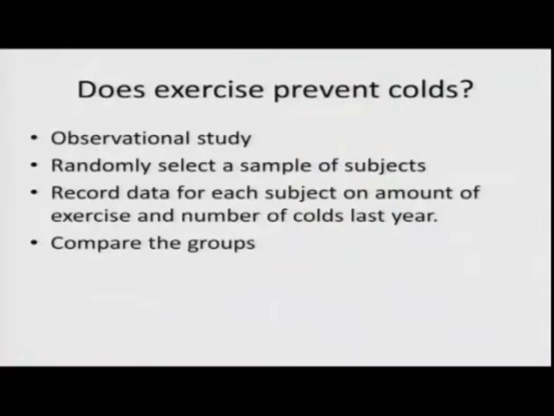So, what you do is you randomly select some people and then you record data for each subject on amount of exercise and number of colds in a particular span of time. And later on you compare the data and then you come to a conclusion.